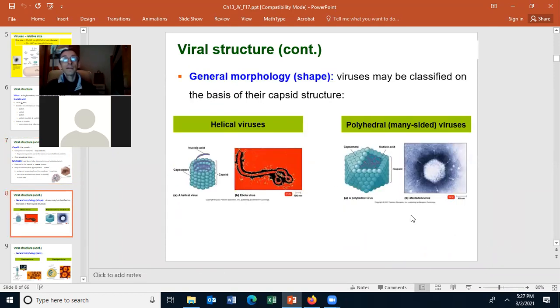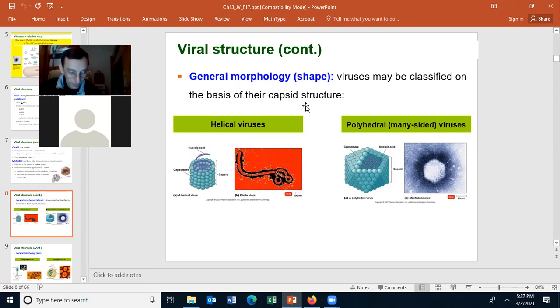All right, also talking about viral structure, we talk about the general morphology of viruses, and general morphology is the shape. You should know this word from when we were talking about bacteria. Morphology also means the shape of the bacteria. Viruses may be classified on the basis of their capsid structure. And there are 3 basic viral shapes.